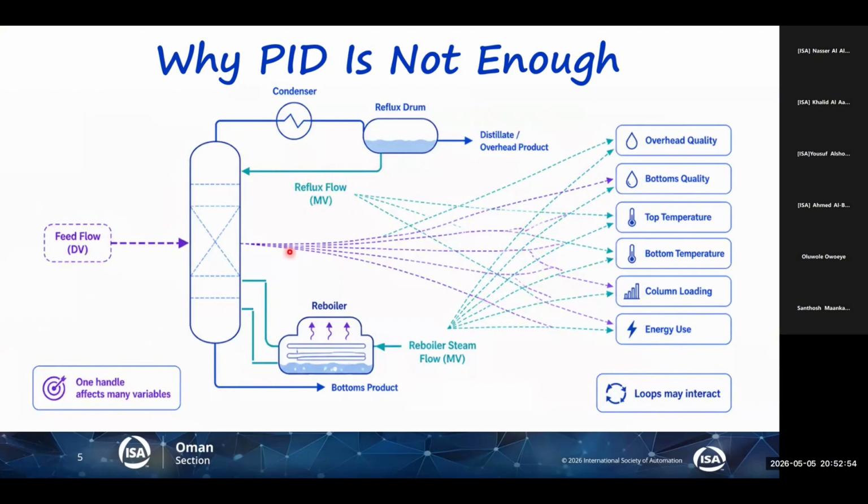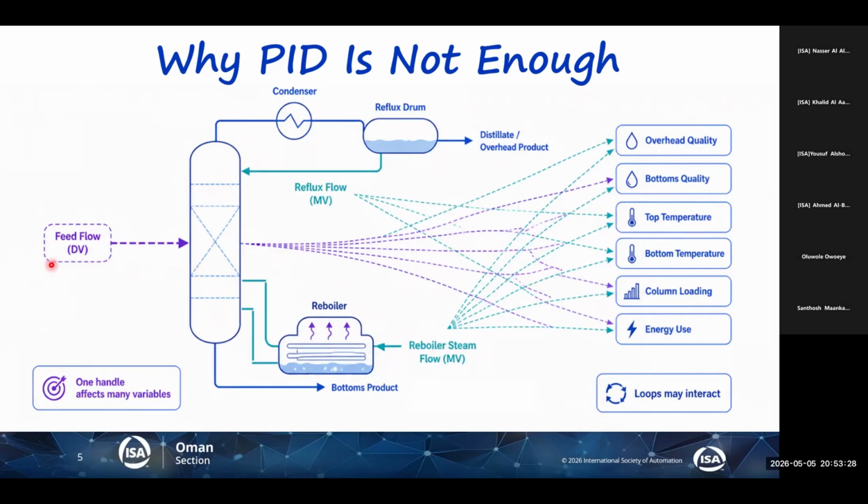And the reboiler, you see steam over here. They do interact. If you increase the reflux here, it will affect temperature, pressure. The traffic in the distillation column will change. The temperature is also here in the bottom, not only on the top. They will get affected. You move the reboiler steam, more heat, again, the impact will not be felt only down here, it will be felt also up there.